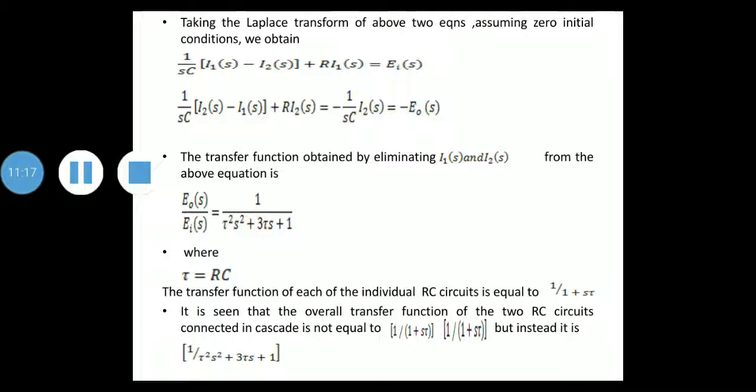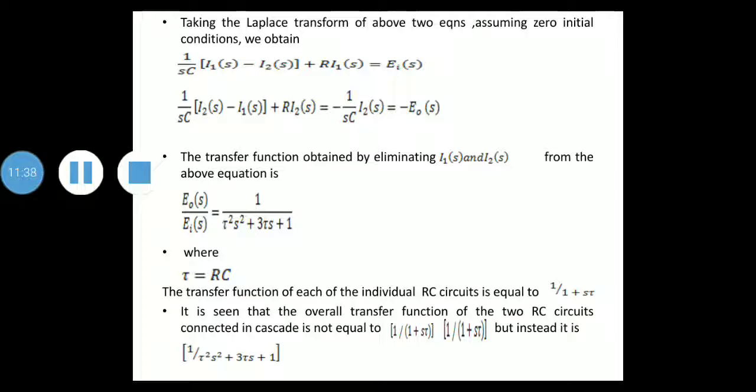The transfer function obtained by eliminating I1(s) and I2(s) from the above equations is E0(s) by Ei(s) is equal to 1 by tau square s square plus 3 tau s plus 1, where tau is equal to RC.